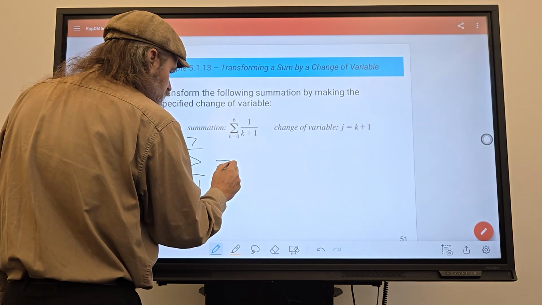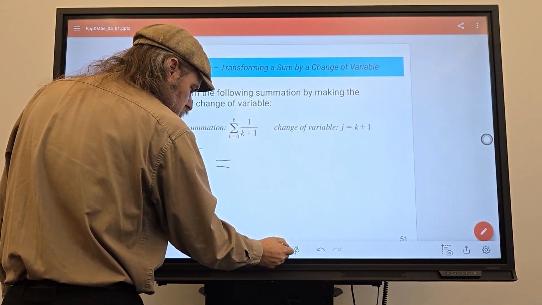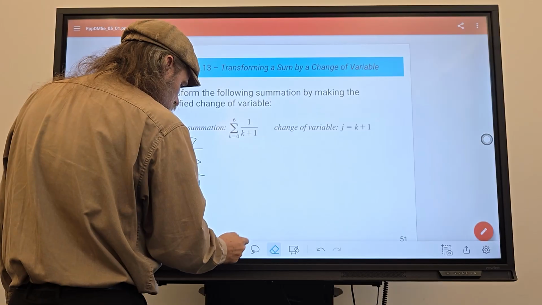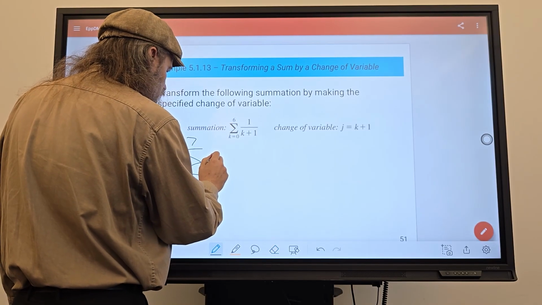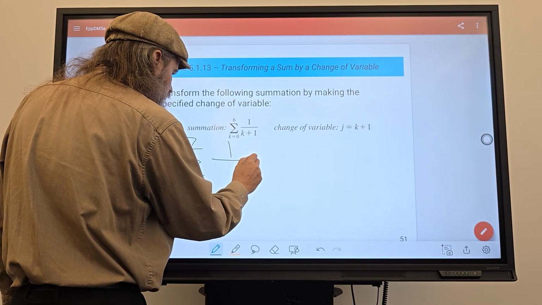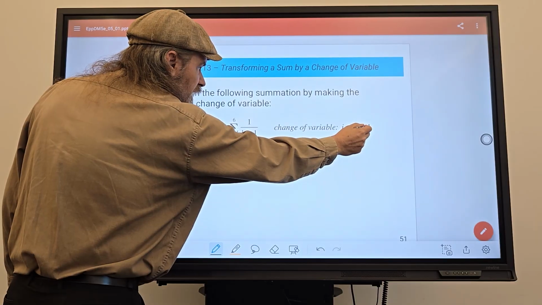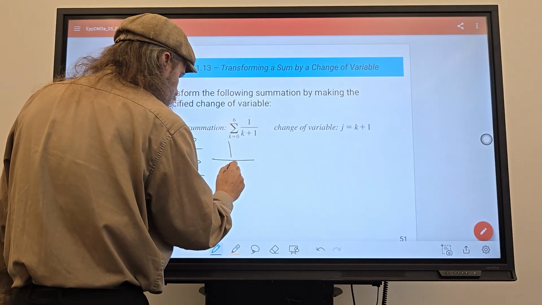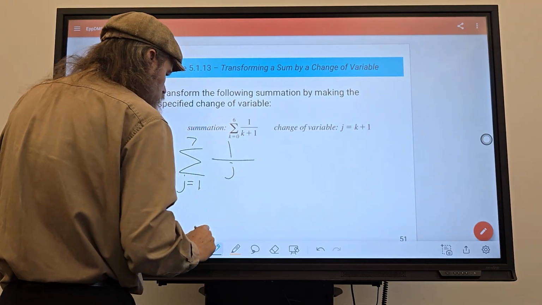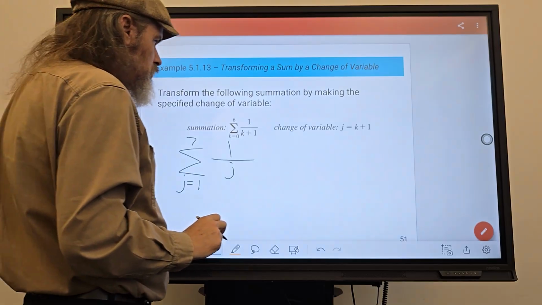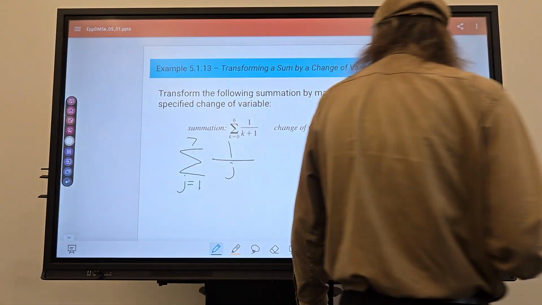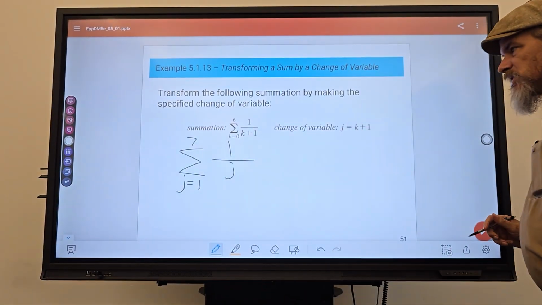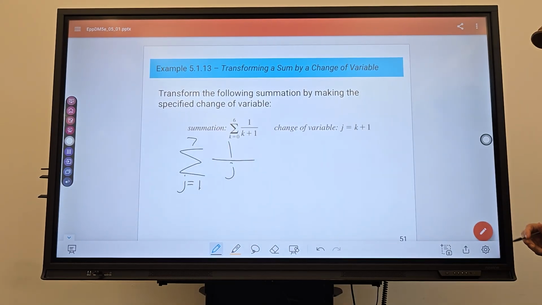And then you would substitute k plus 1 into j, so you just have 1 over j. Simplifies the expression by changing the range on the summation.